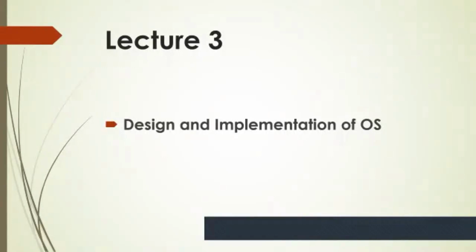What are the two goals of operating system? Before looking into the slide, we must learn what the design goals are. There are two viewpoints of looking into the goal. One is user goal, another is system goal. In user goal, the operating system should be convenient, easy to use, reliable, safe, and fast according to the user.